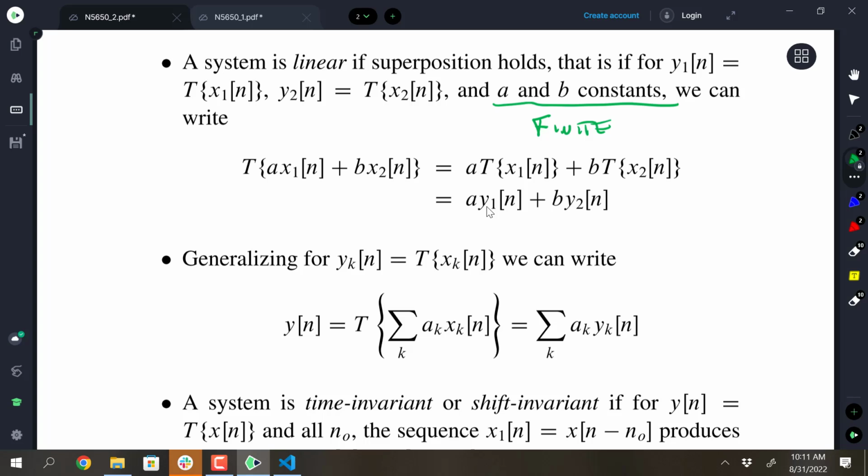So there are different techniques for proving this. When you have to show this for a problem, you generally take two approaches. One approach is if you think it's linear, you go about showing that superposition holds by going through a general case example. If you think the system is nonlinear, you just have to come up with one counterexample.